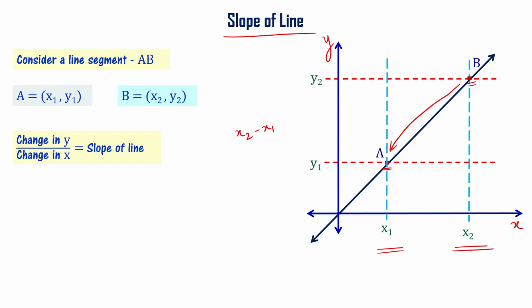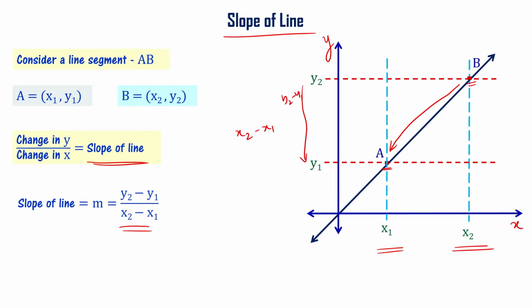For that change in x, what is the change in y? That is y2 minus y1, right? It means slope of the line can be written as y2 minus y1 divided by x2 minus x1, right? So slope of the line generally మనం small m తో denote చేస్తాం, lower case m, that is equal to y2 minus y1 divided by x2 minus x1.